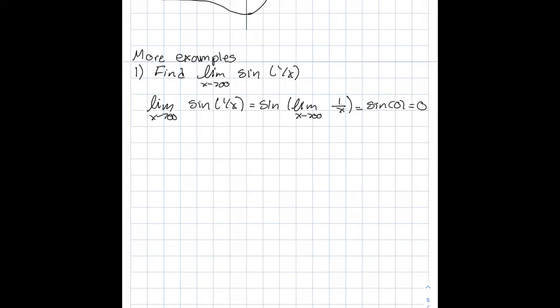Right, so we move the limit inside. We know as x goes to infinity, 1 over x goes to 0. So sine of 0, and then we know that equals 0.